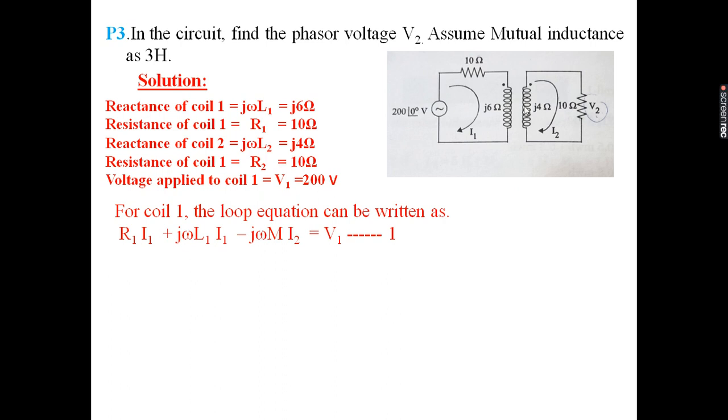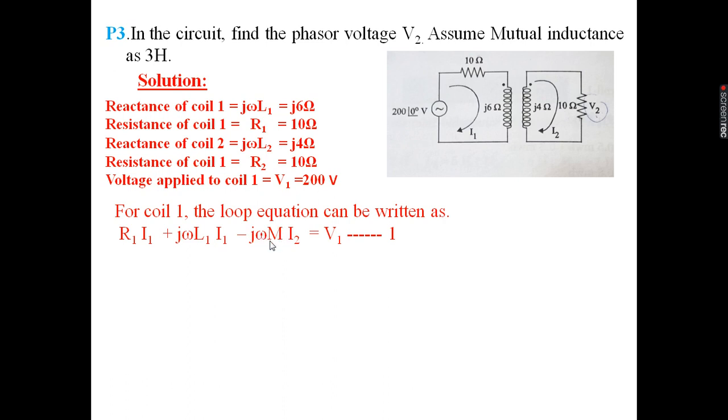So that one is minus j omega M I2, the mutually induced EMF. This is the drop, this is the self-induced EMF, and this is the mutually induced voltage.